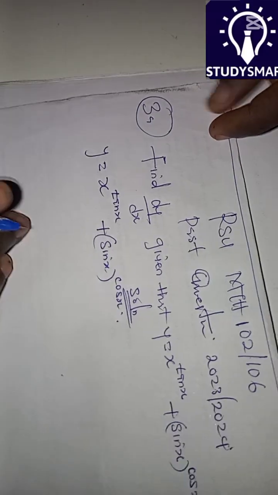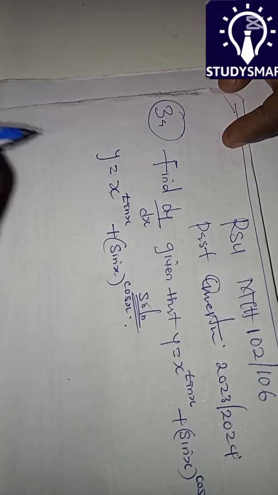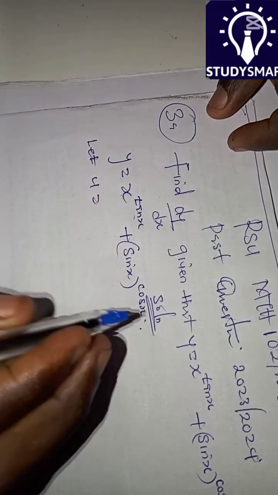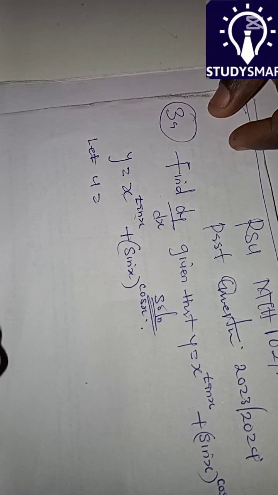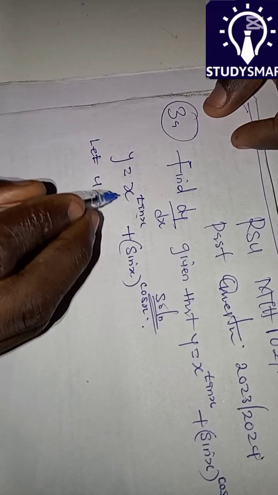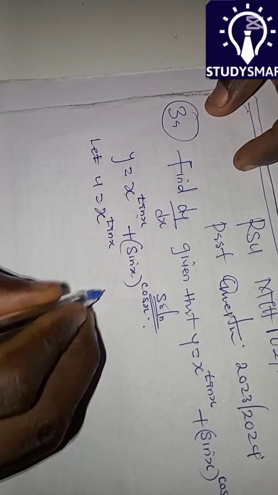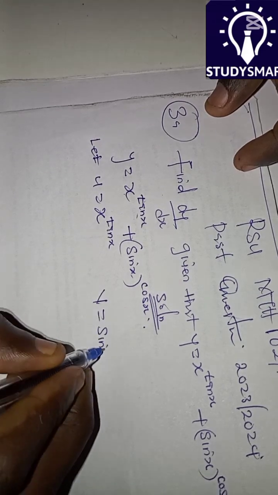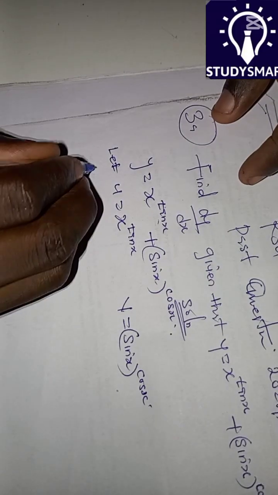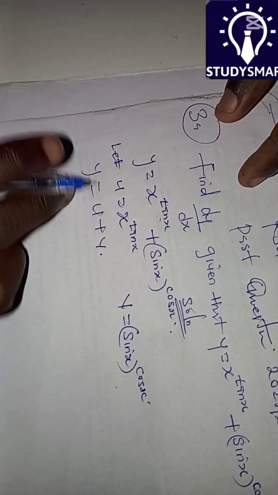We can let u equal to the first term and v equal to the second, to simplify the problem. So u is equal to x to power tan x, and v is equal to sine x to power cos x. So it means that y is equal to u plus v.